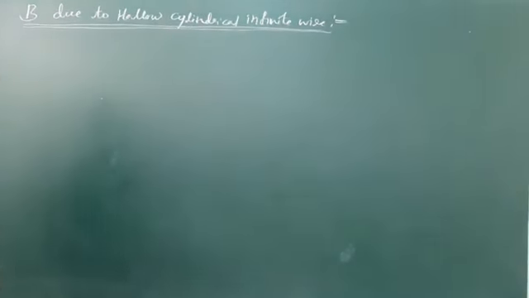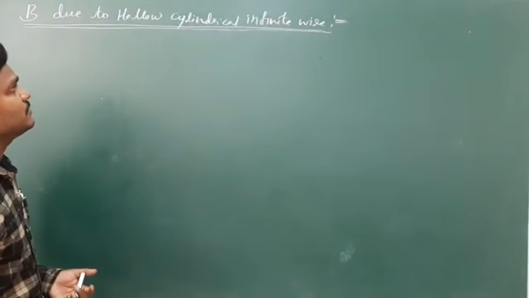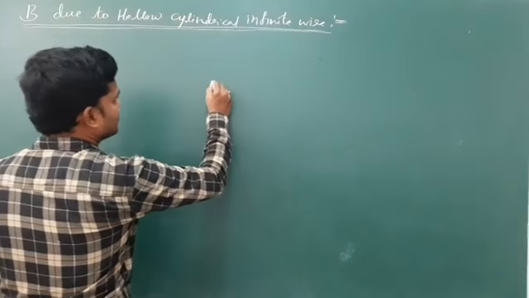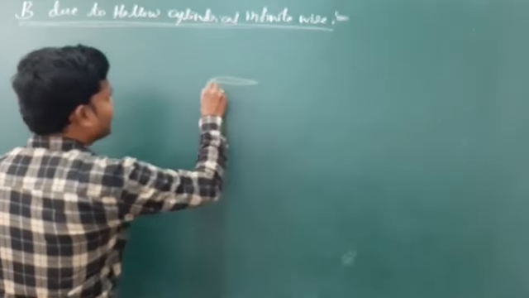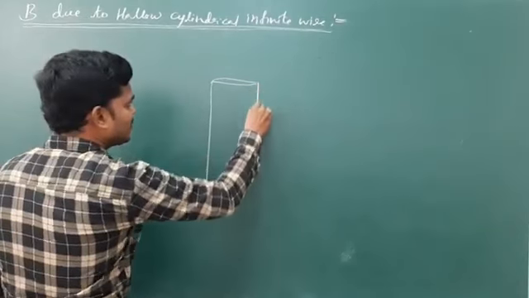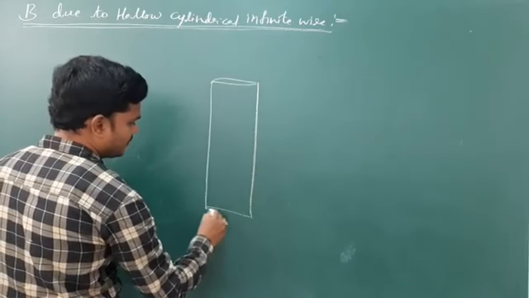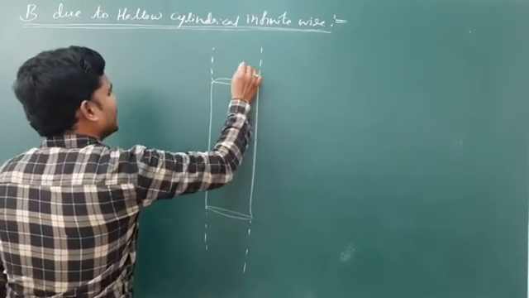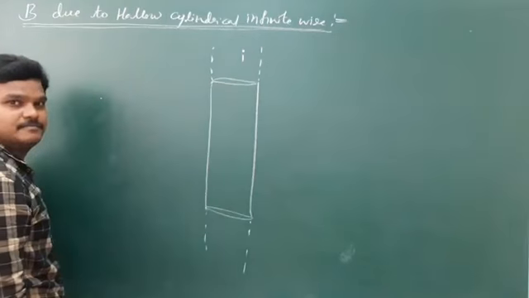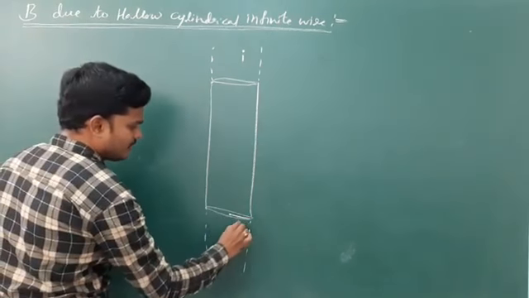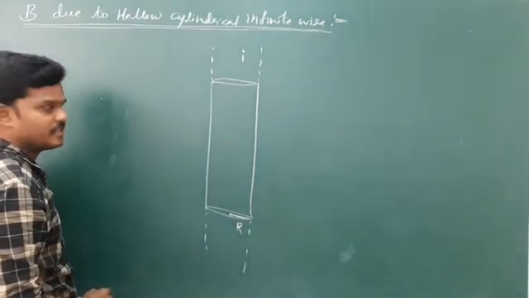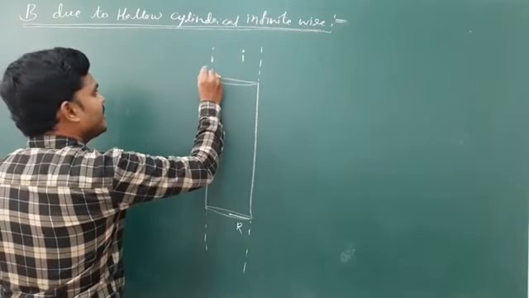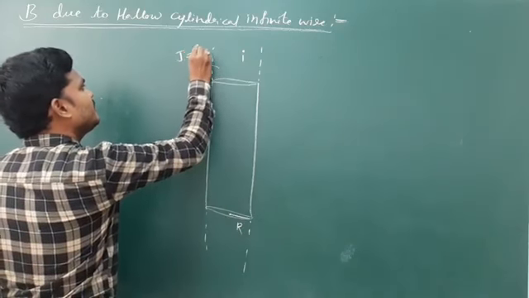Now see this one, field due to a hollow cylindrical infinite wire. Let us consider this is a cylindrical wire of infinite length, which carries current I. Let us consider R is the radius of the cylindrical wire, I is the current, and J is the current density.